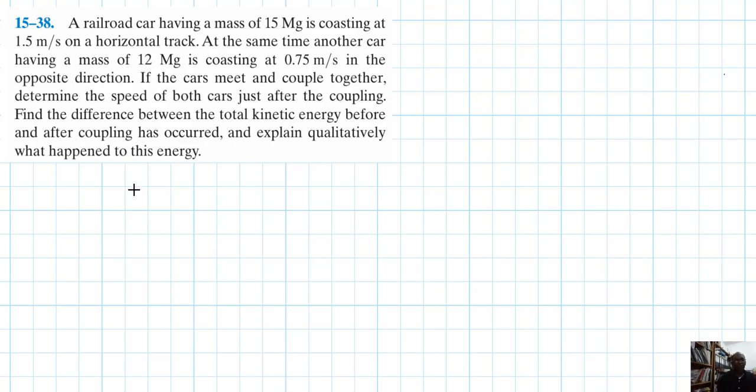So let's draw the two cars. We have one car, like so, moving, let's imagine, to the right along the track. And we have another one moving to the left along the horizontal track.